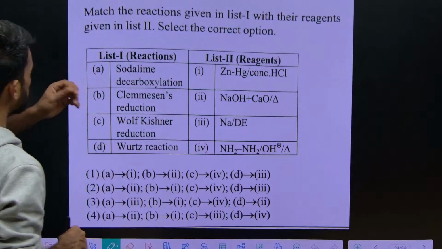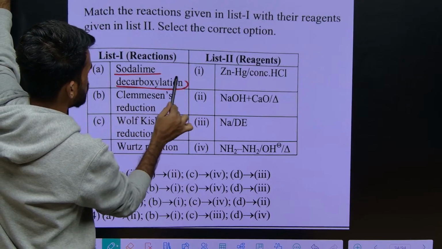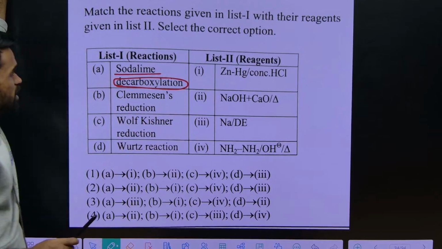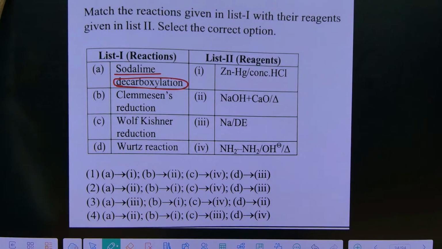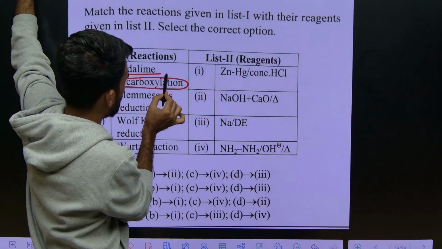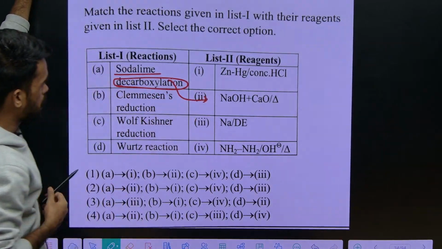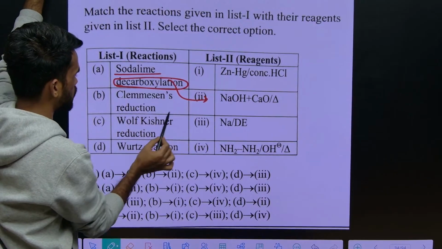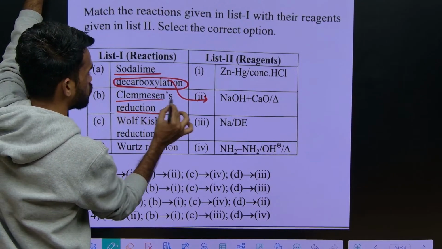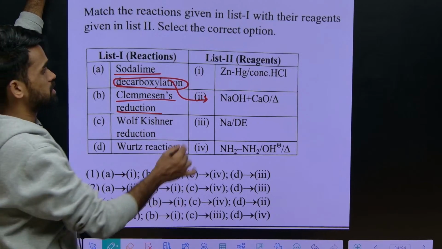Right, now look at this: soda lime decarboxylation. For this process, what will be the reagent used? We know it will be soda lime, and decarboxylation is nothing but this one, 2. And Clemmensen reduction, what will be the reagent used? Acid and zinc amalgam.